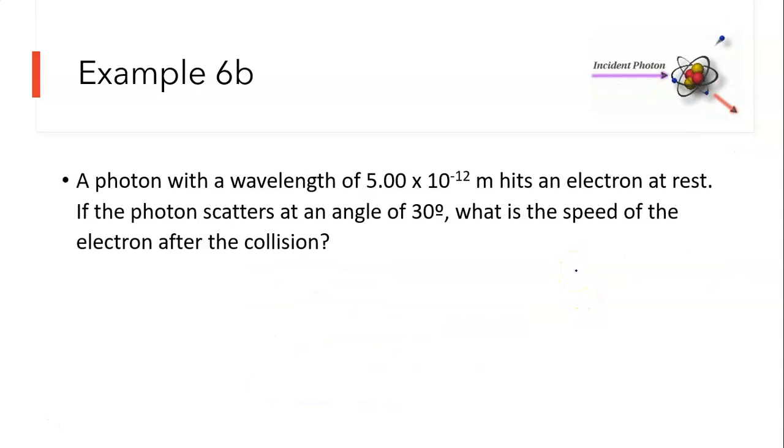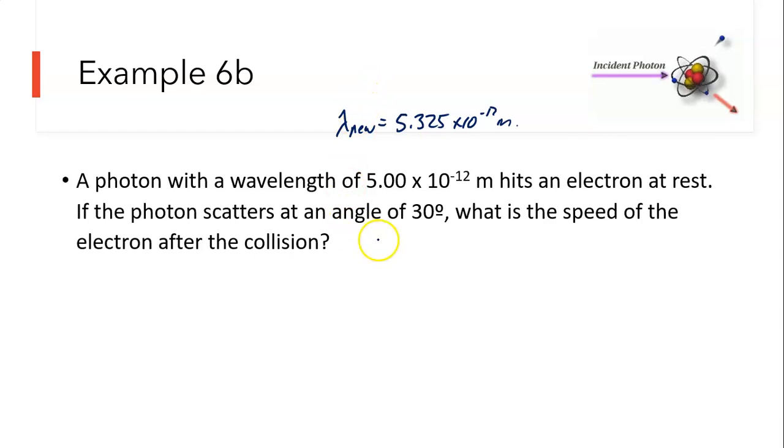Now, this is going to be important for example 6b, right? We know that that new wavelength is 5.325 times 10 to the negative 12 meters. Same situation, but we want to know what is the speed of the electron after the collision. We know that photons have momentum, and the law of conservation of momentum applies in this case.